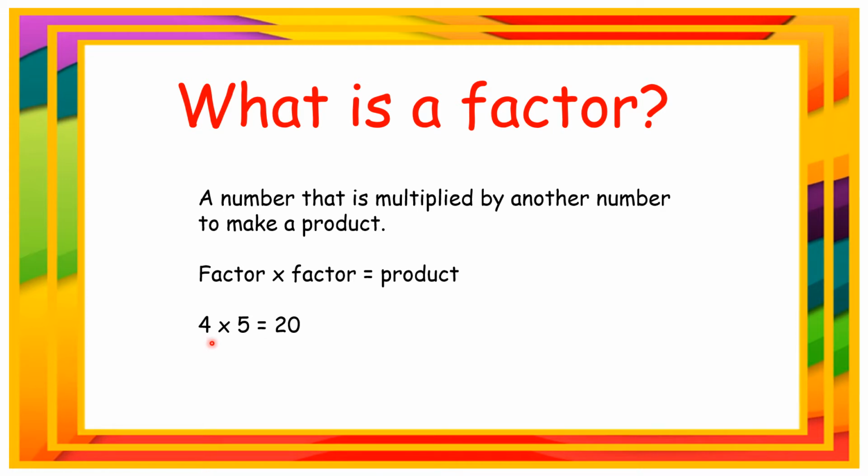So 4 is a factor, 5 is a factor, and our product, which is our answer, is 20. So any number that is multiplied by another number to make a product is called a factor. So you know now that the two numbers you multiply are called factors and your answer is called the product.